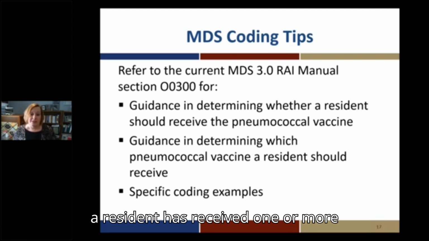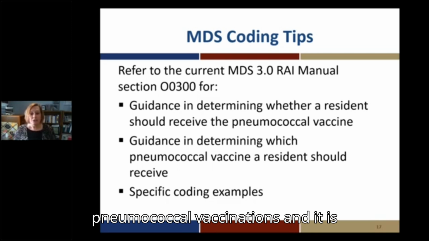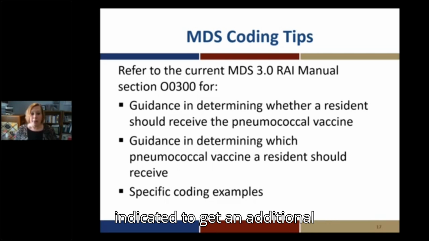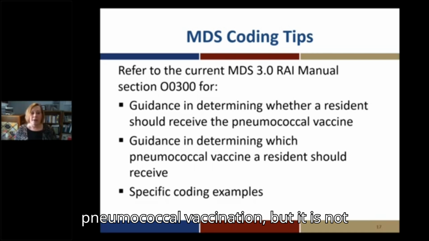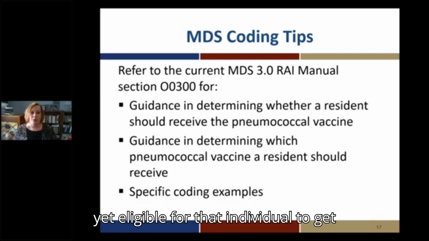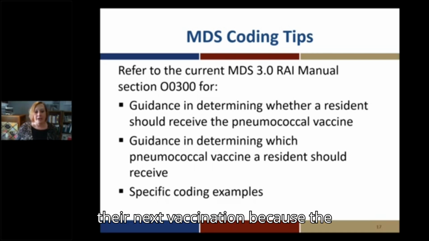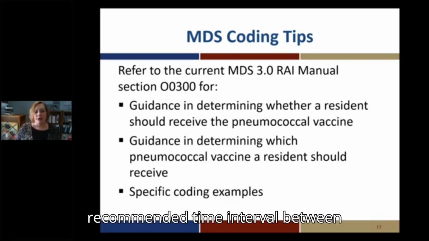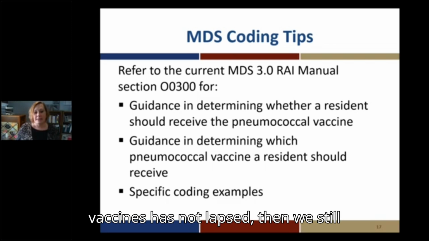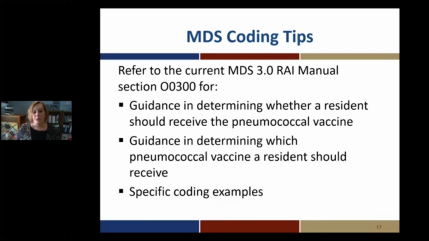If a resident has received one or more pneumococcal vaccinations and it is indicated to get an additional pneumococcal vaccination, but it is not yet eligible for that individual to get their next vaccination because the recommended time interval between vaccines has not lapsed, then we still can code O0300A as being one or yes, indicating that the resident's pneumococcal vaccination is up to date.